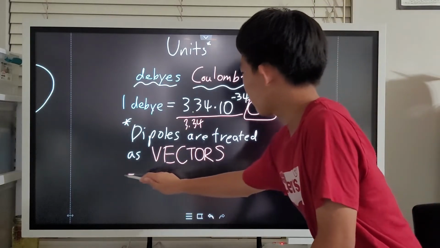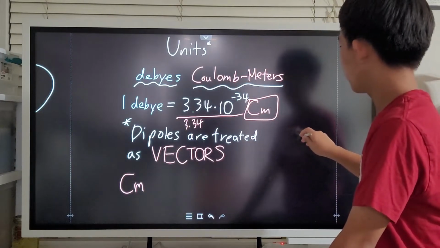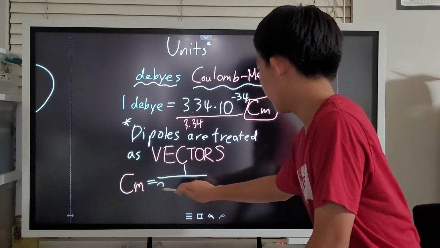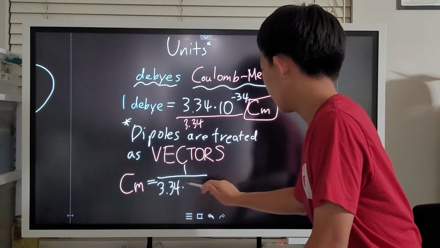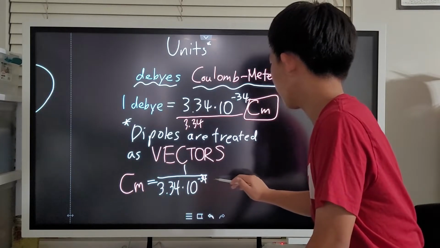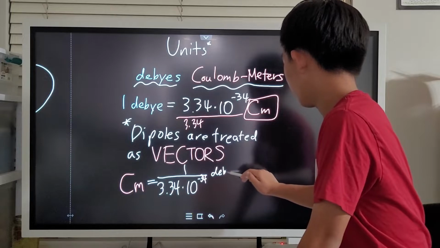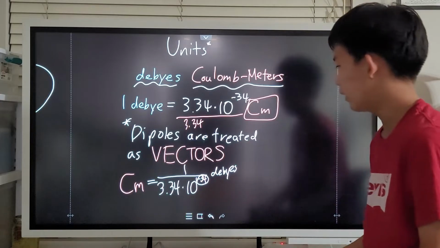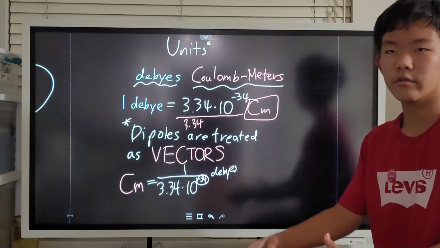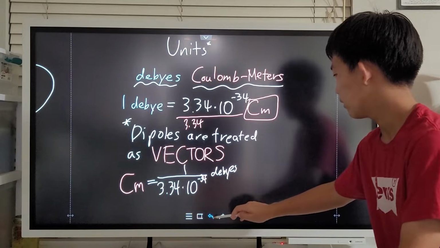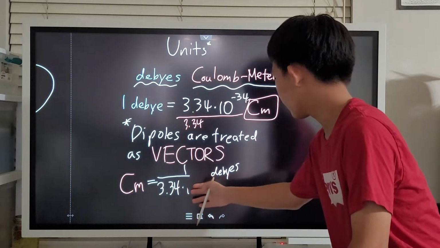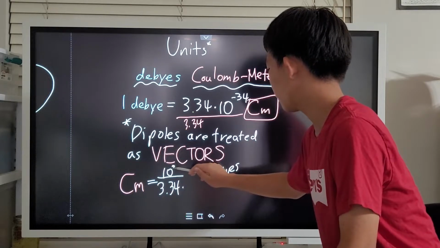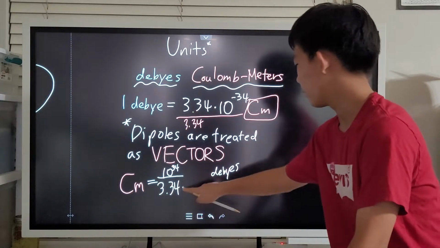So once you do that, you get coulomb-meters is equal to 1 divided by 3.34 times 10 to the negative 34th power debye, right? But here's the catch. Because you have a negative exponent in the denominator, it would rise up to become a positive exponent. So this 10 to the negative 34th power will come up, and it will become 10 to the 34th power divided by 3.34 debye.